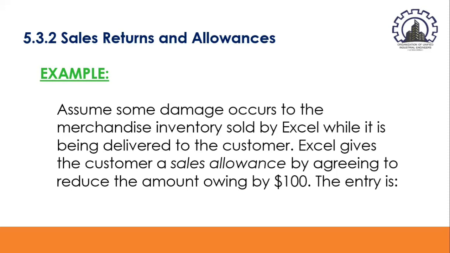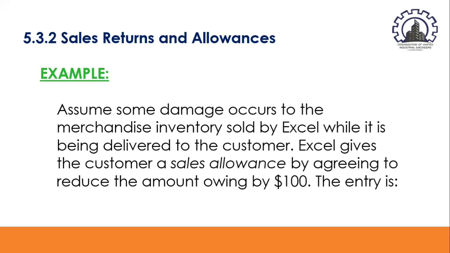So in order for us to better understand this, let me give you an example. So for example, assume that some damage occurs to the merchandise inventory sold by Excel while it is being delivered to the customer. Now, Excel gives the customer a sales allowance by agreeing to reduce the amount owing by $100.